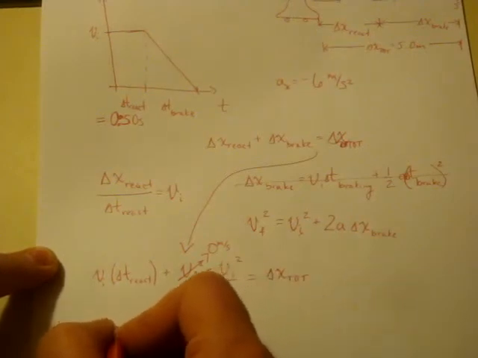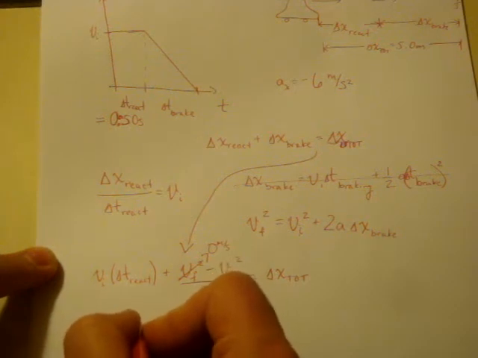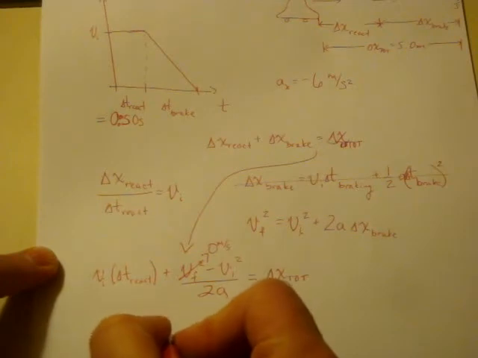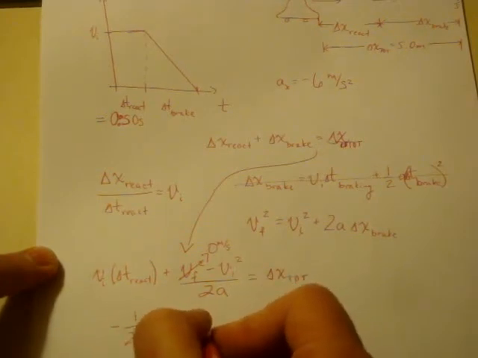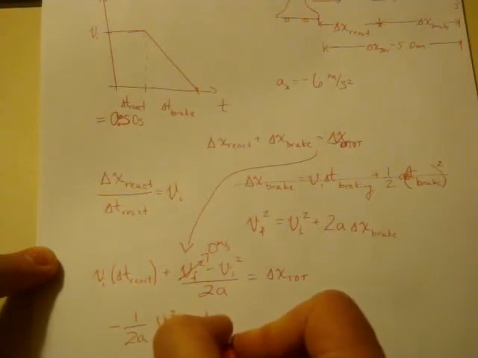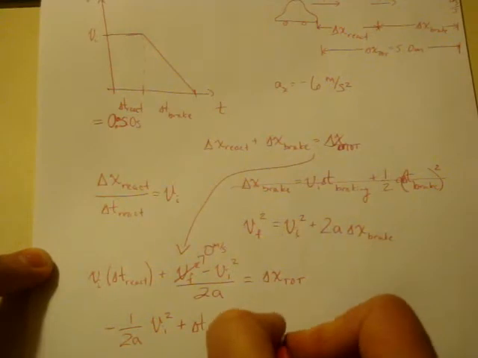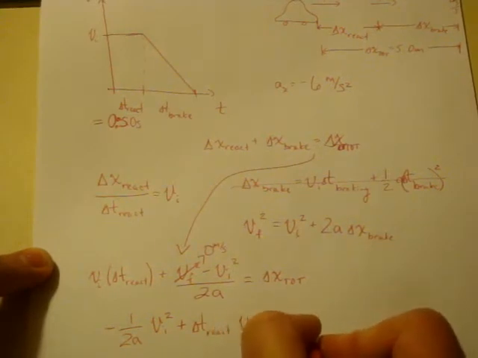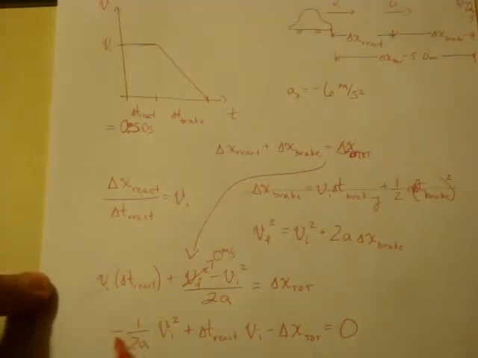So we'll get minus 1 over 2a times Vi squared plus delta t react times Vi minus delta x tot equal to 0. Now, we only have one unknown in this entire expression. All these other constants are something that we actually know.